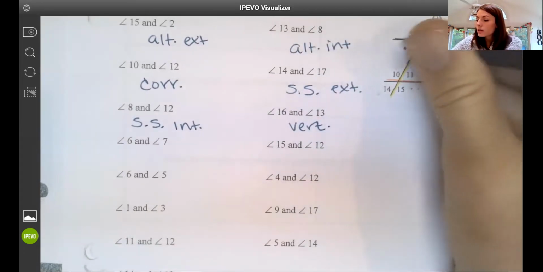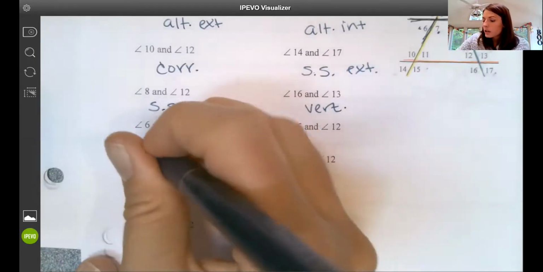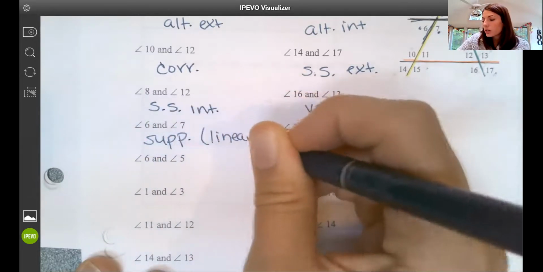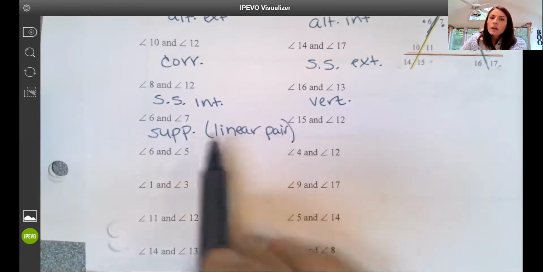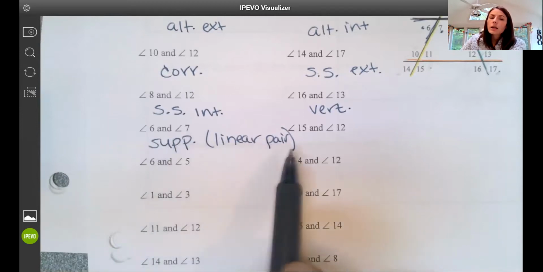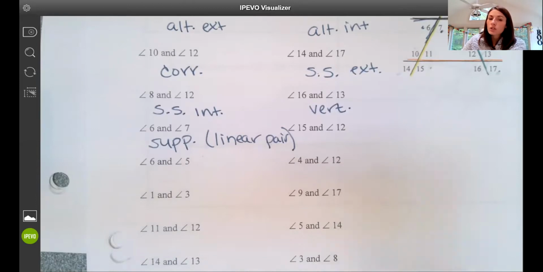Okay, so they're those supplementary angles from last unit. So we can say supplementary. We can also start calling those what are called linear pairs, or lin pair. So they're a pair that's creating a line. And you'll see that mentioned in some of the documents. So linear pair is what 6 and 7's relationship is.